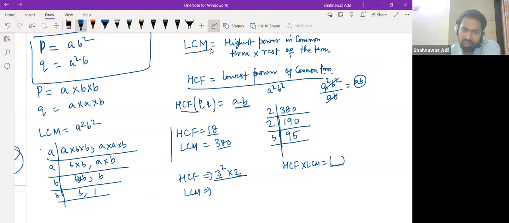And one method is that you check, let's say, prime factorization, and in the LCM you are getting 3 into 5 square and 2 square. So can these be the LCM and HCF of two numbers?